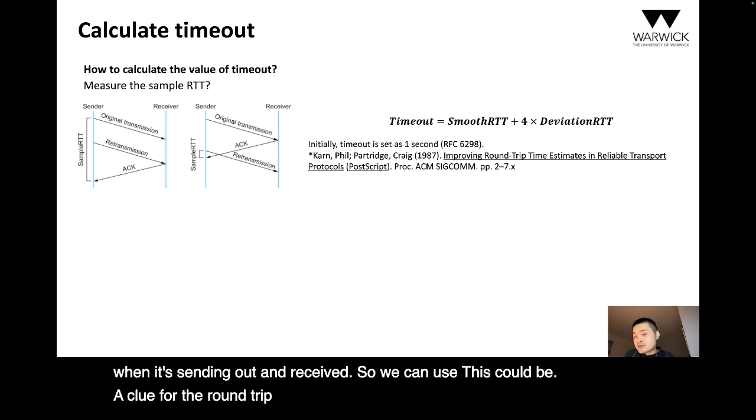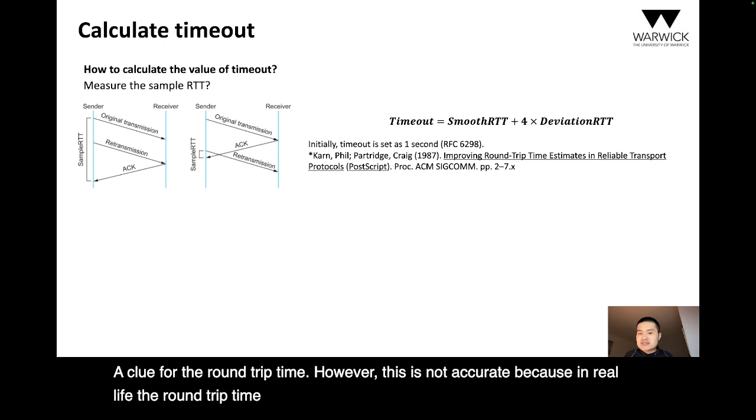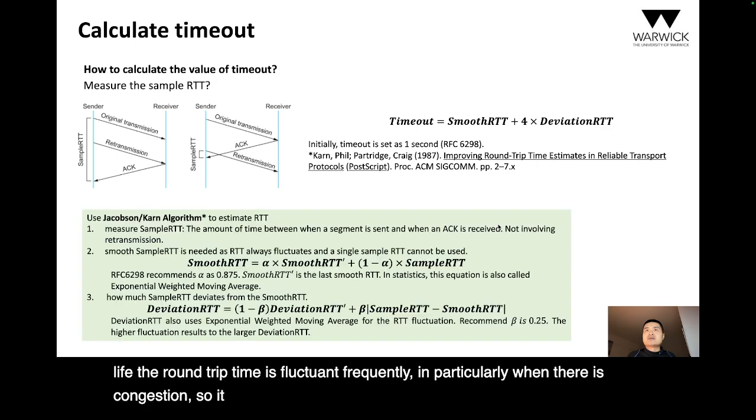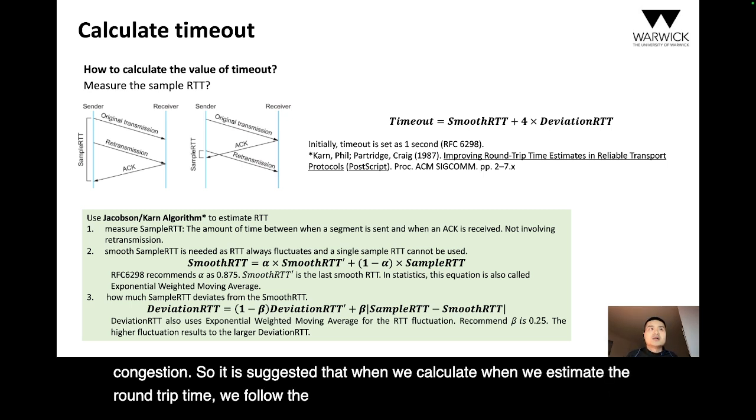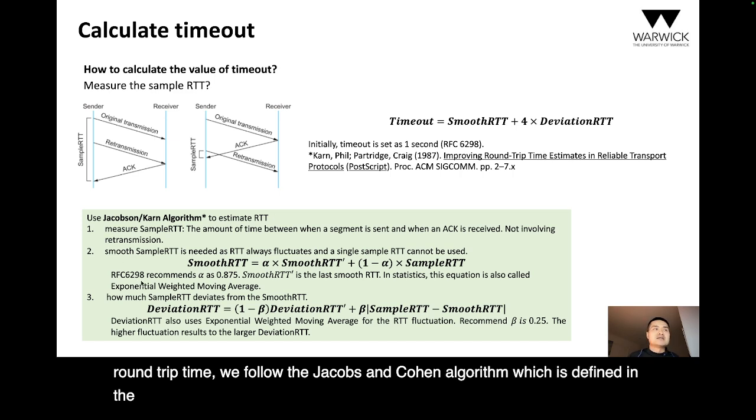However, this is not accurate, because in real life the round trip time fluctuates frequently, particularly when there is congestion. So it is suggested that when we estimate the round trip time, we follow the Jacobson-Karels algorithm, which is defined in a standard called RFC 6298.